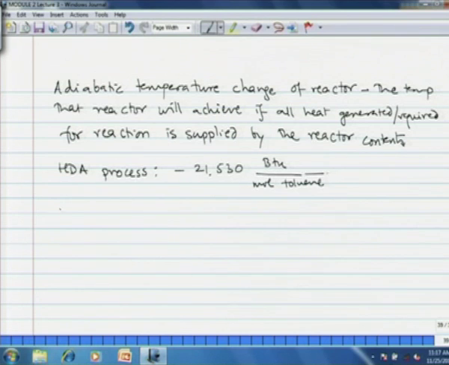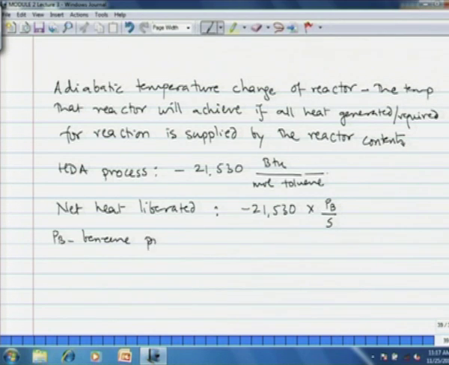Therefore, the net heat liberated would be minus 21530 into Pb by S, where Pb is the production rate of benzene and S is selectivity. And we have already derived this relation. Fresh feed rate of toluene is Pb into S.